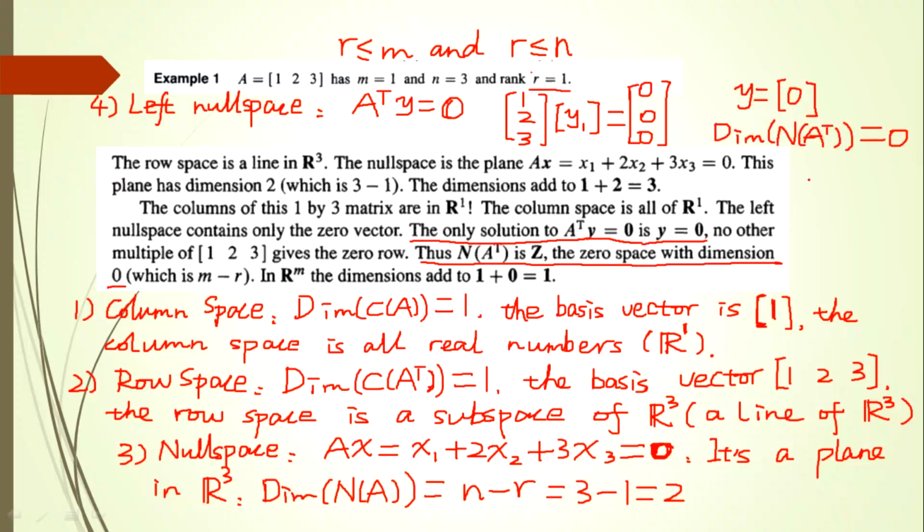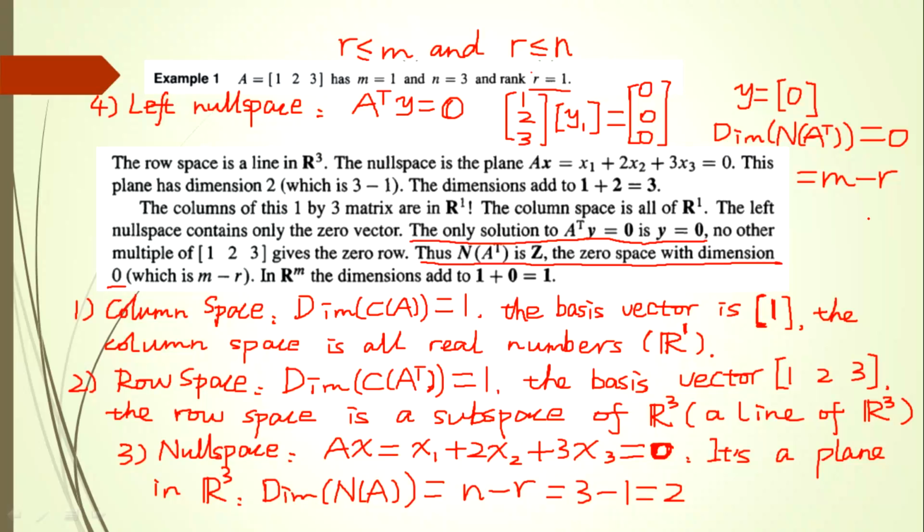How can we get 0? That equals m minus r. m and r are both 1. So this is the special case, okay? And this 0 space is a subspace of Rm, of R1. Are you clear?